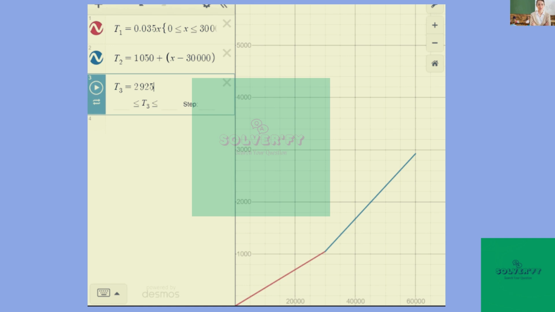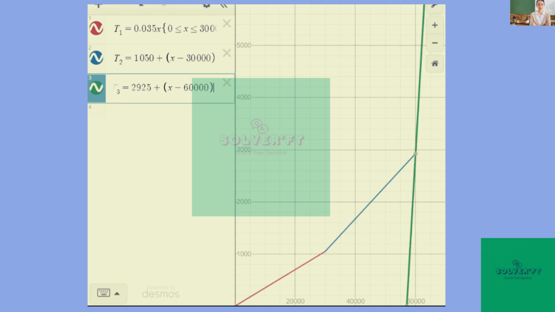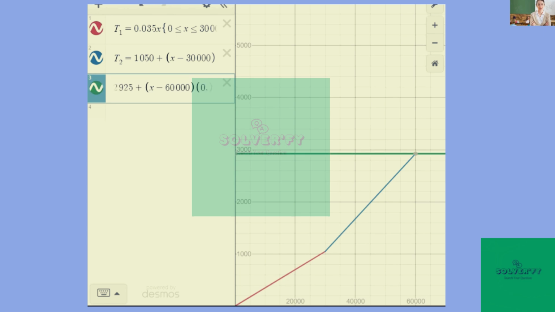And for this one, we need the part in excess of 60,000. It's the green line over there. But we only need to get 6.45% of that. Notice it's very steep. It's almost as steep as the blue line because of a similar tax rate. The blue line, category 2, is 6.25%. The green one is 6.45%.